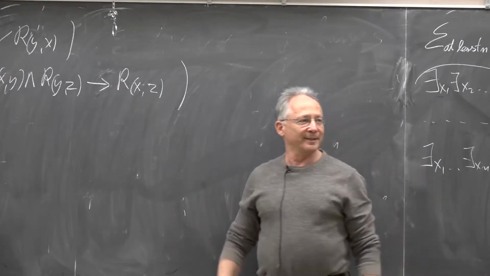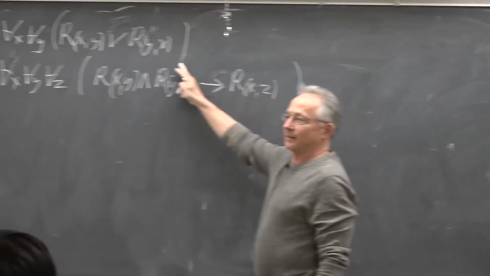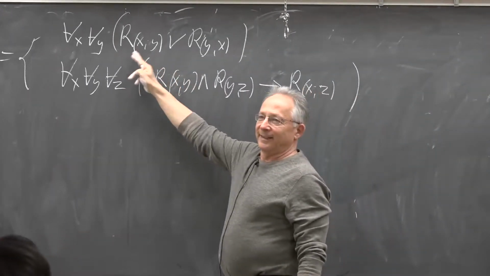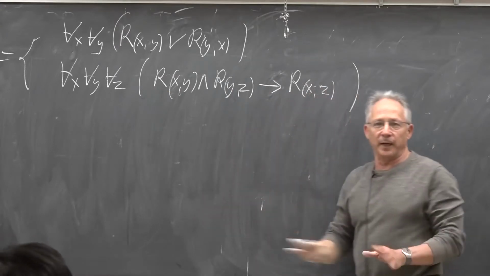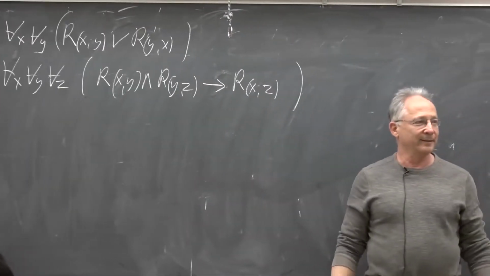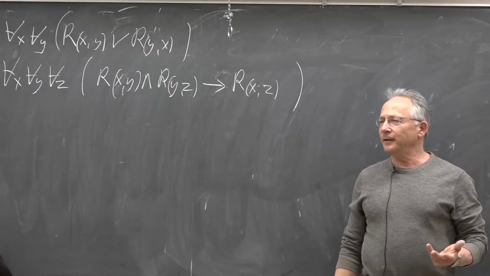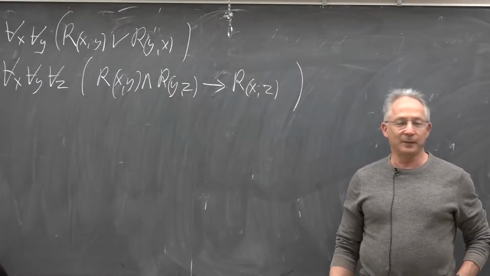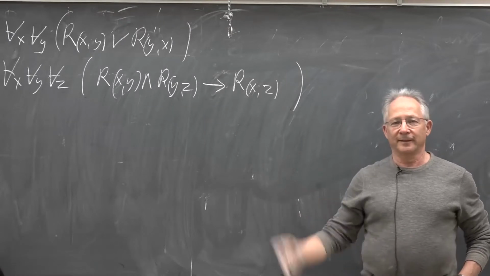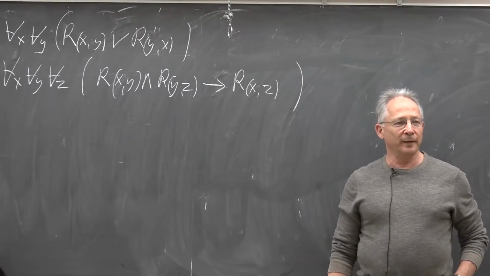So it will satisfy this or this for every pair, and it will satisfy transitivity, because R(x,y) will hold for every x and every y. So what is missing here to make sure we're not cheating, that it's really an ordering and not just throwing everything into the bag?